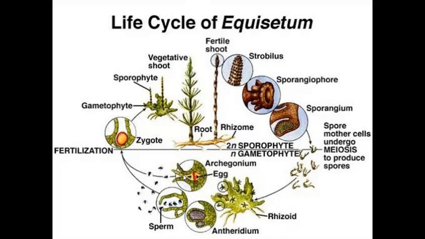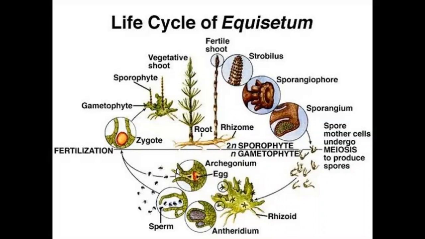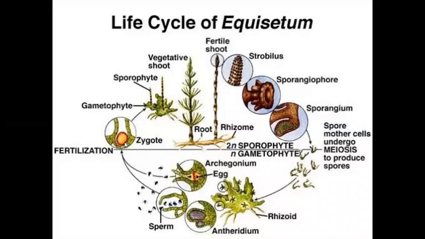Then the chemical substance with mucilage comes out from the archegonium, present at the terminal part of the neck. If any male gametes are present near the archegonium, they are easily attracted by these chemicals, enter the neck, reach the venter and fertilize the egg cell to form a diploid zygote.